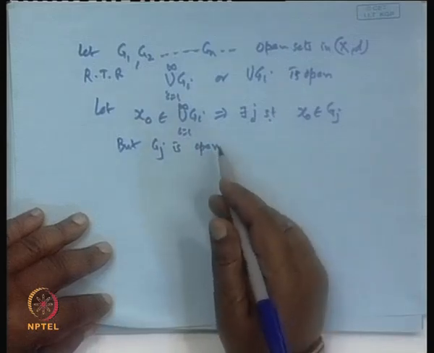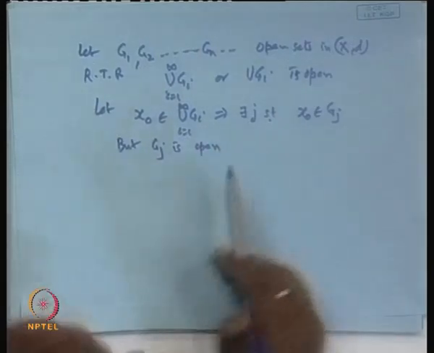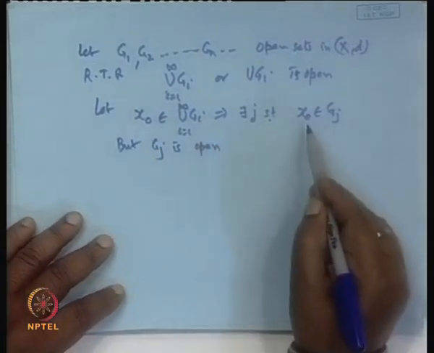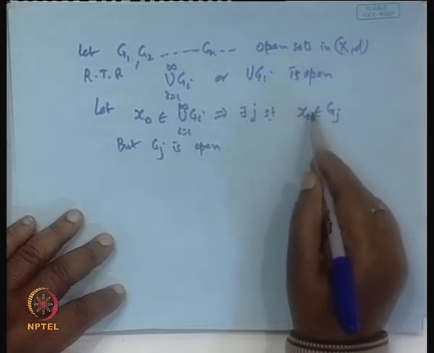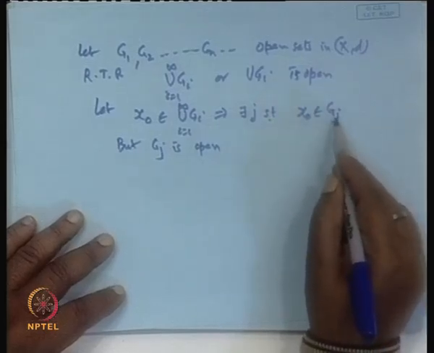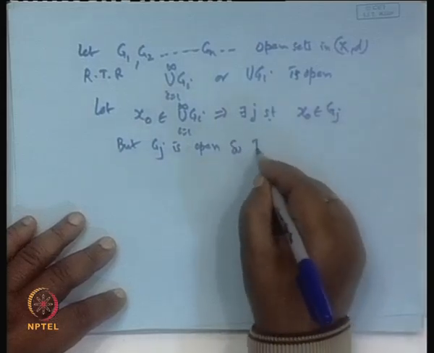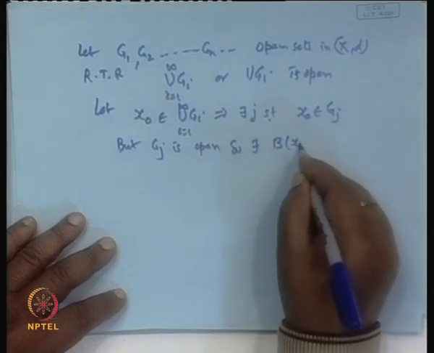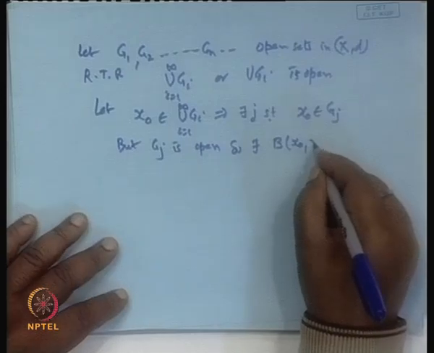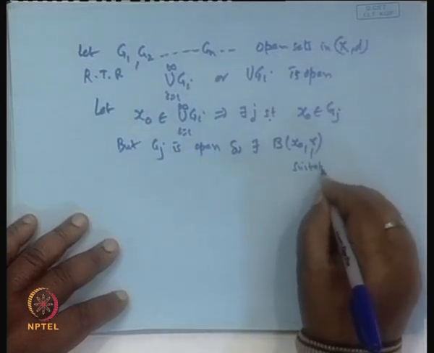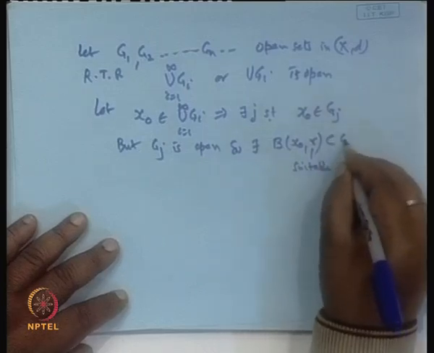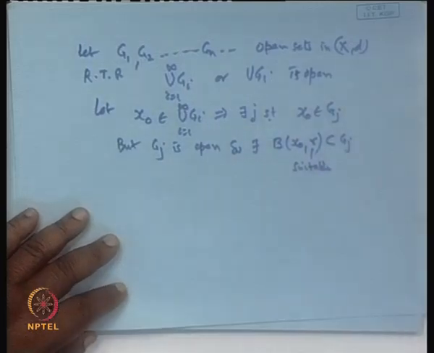So, by the property of the open sets, there must be an open ball around the point x naught with a suitable radius which is totally contained in it. So, there exists an open ball centered at x naught with a suitable radius, say r, such that it is contained in G j.